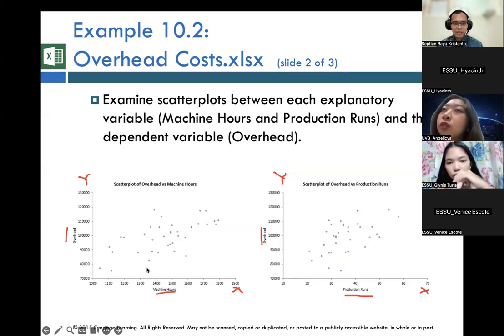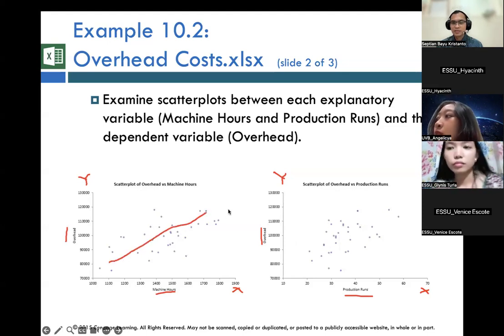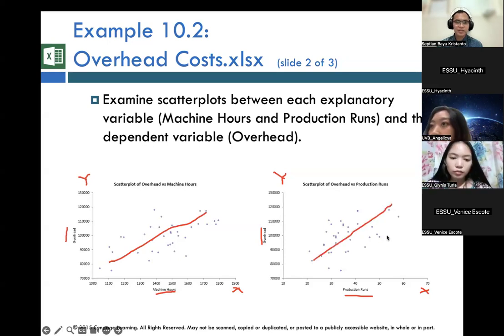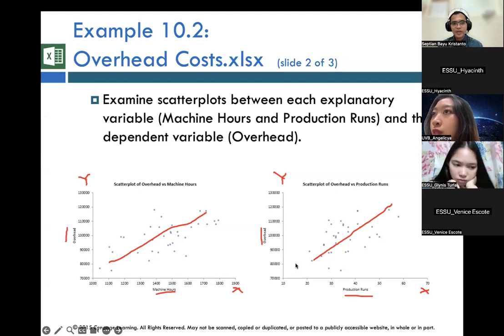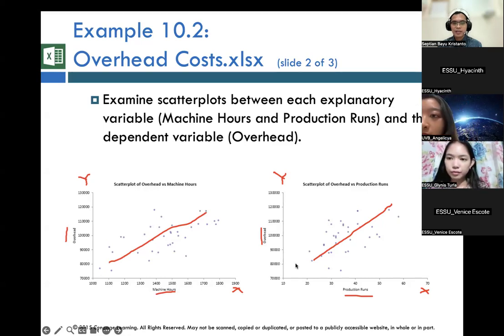How do we know? Because we can fit some linear analysis to these patterns. When we follow the patterns, we know whether they are linear or non-linear. In this case, we found that overhead with machine hours and overhead with production runs create a scatter plot in a linear position.